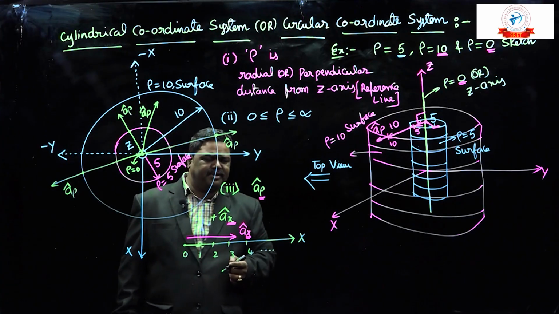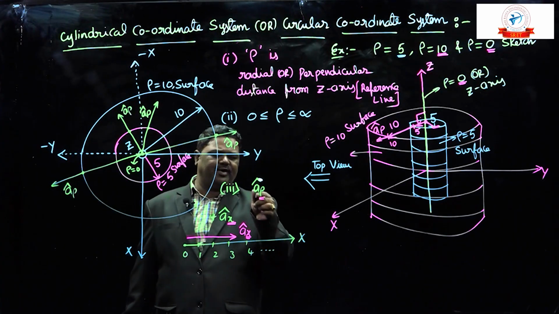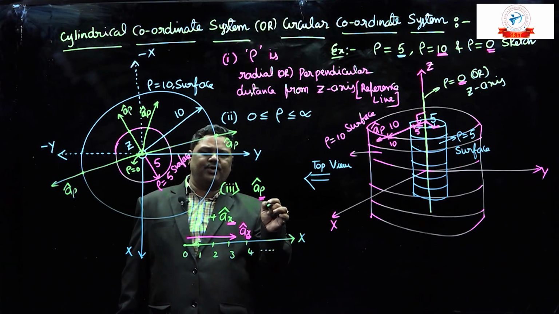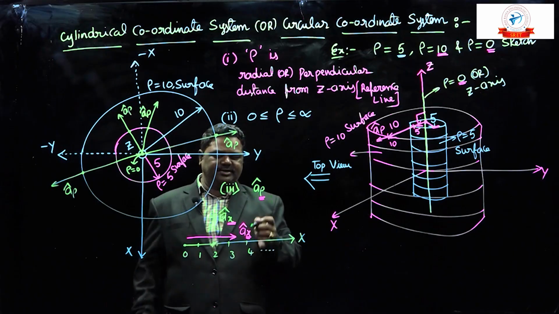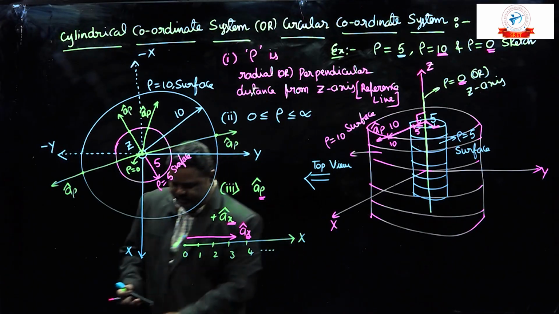And how do we define this one? Simply, I say that a-rho cap is the increasing rho direction, or the direction radially away from the z-axis. So I am going to write the same thing here.